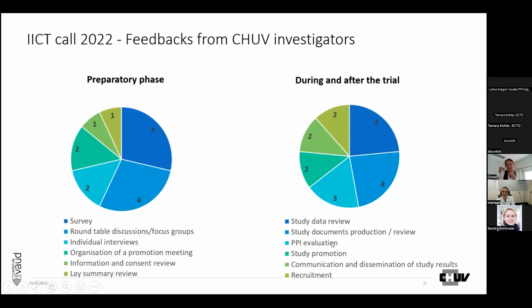For 4 projects, study documents production or revision was planned with PPI. 3 projects planned to evaluate PPI impacts with PPI contributors. 2 projects wanted to involve PPI in study promotion. 2 projects plan to involve PPI contributors to communicate and disseminate study results. And finally, for 2 projects, PPI will be involved in the recruitment.